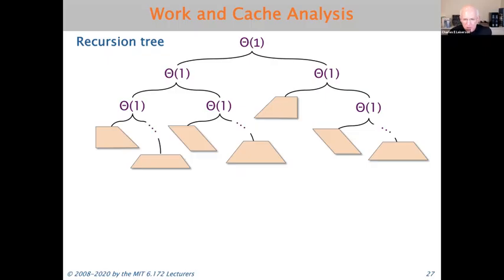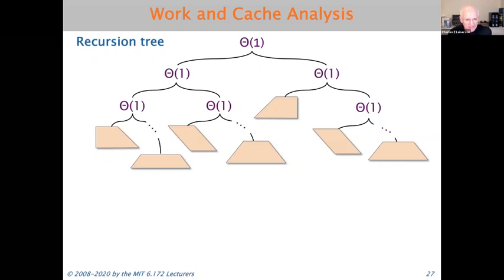We're interested in the case when the problem is large and doesn't fit into cache. So n, the number of points in our one-dimensional grid, is much bigger than the cache size m.